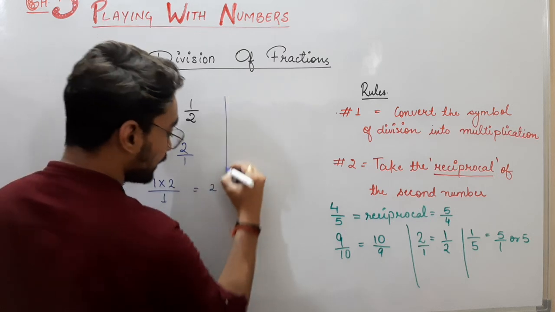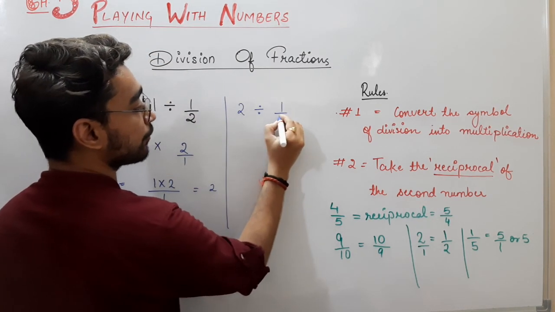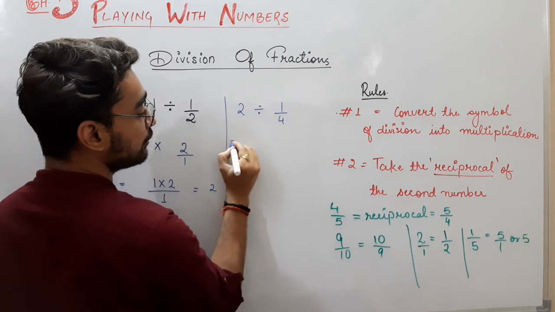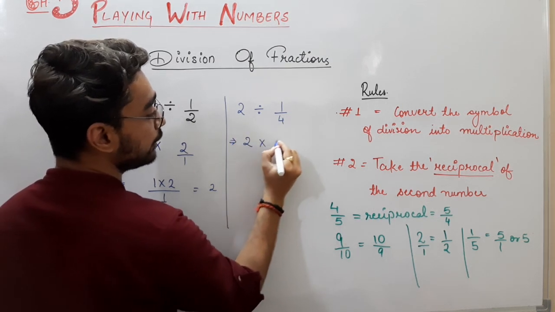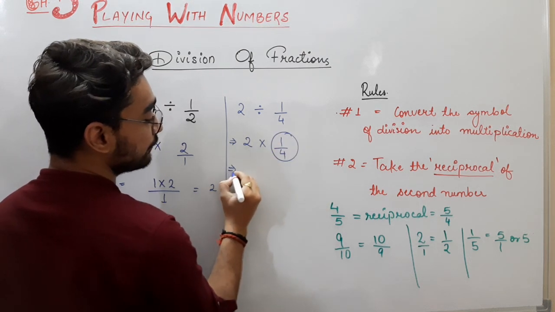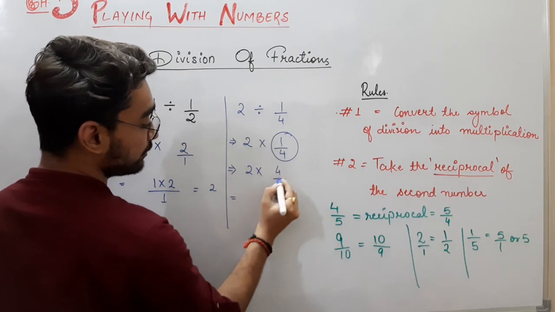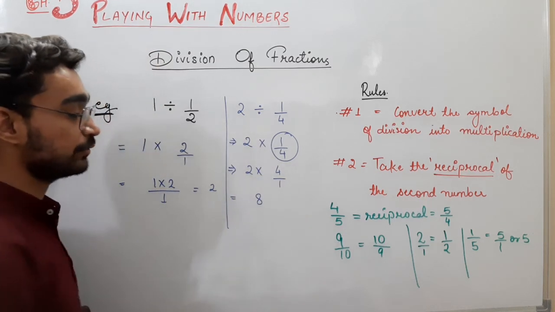Clear? The next example was 2 divided by 1 by 4. This division will be converted into multiplication, 2 into 1 by 4, and this 1 by 4 will be converted into 4 by 1. 2 fours are 8 by 1, which equals 8.